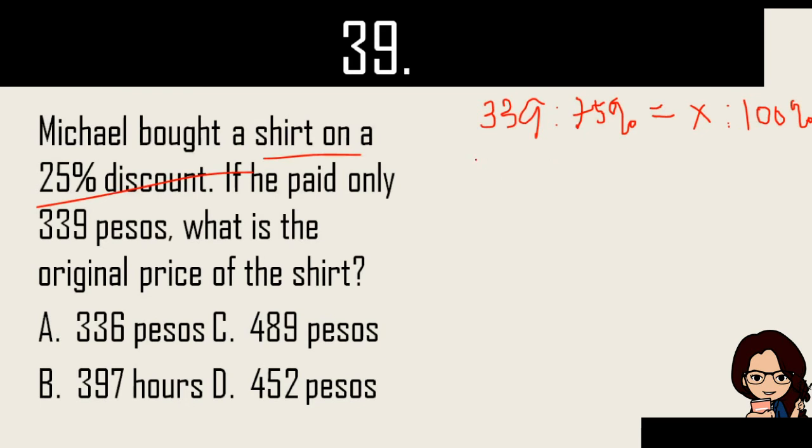There is another way na i-present ito in an algebraic equation, which kind of looks like this. 339, okay, is equal to x, okay, minus 0.25x.